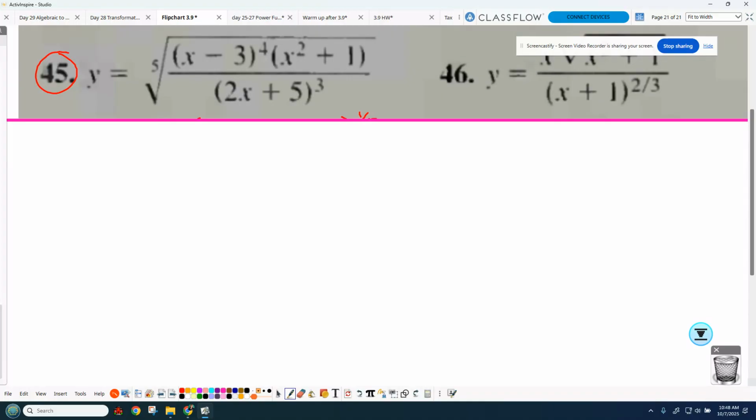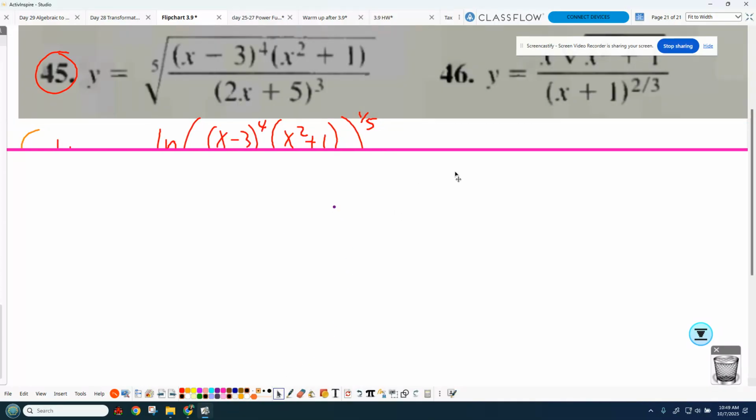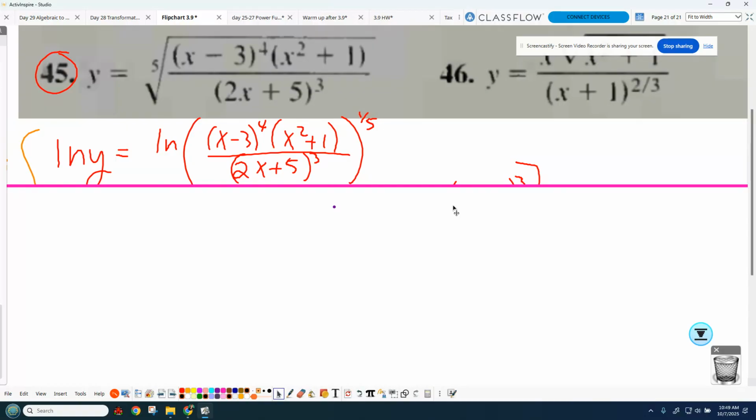Or can we distribute that first? What's the problem? What does the log even do? What does the log do? Can we get rid of the root 5, like your base 5? 1/5 ln. What does the log do?